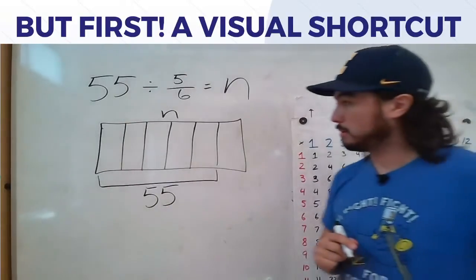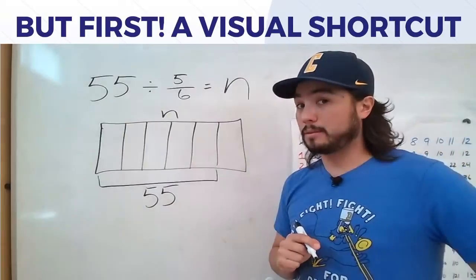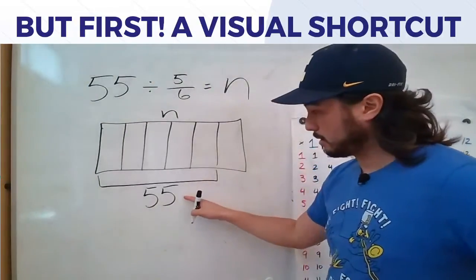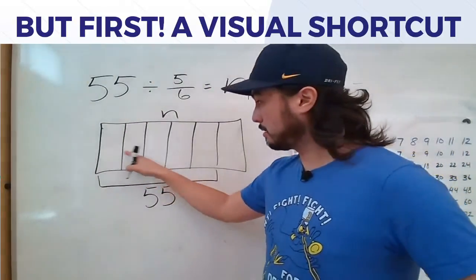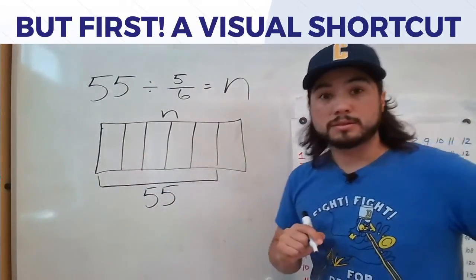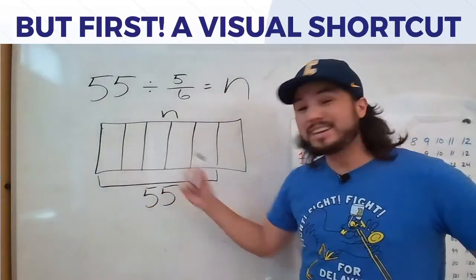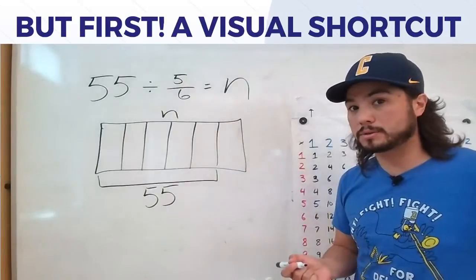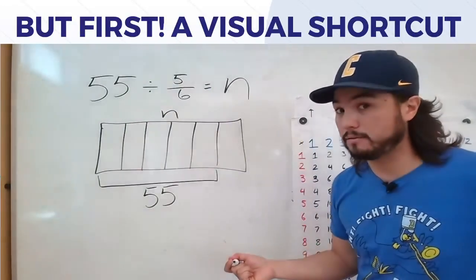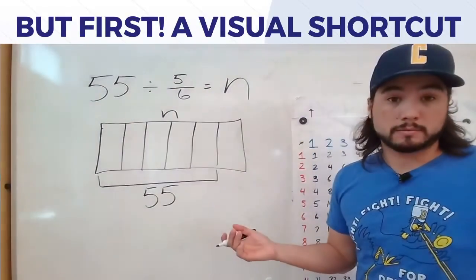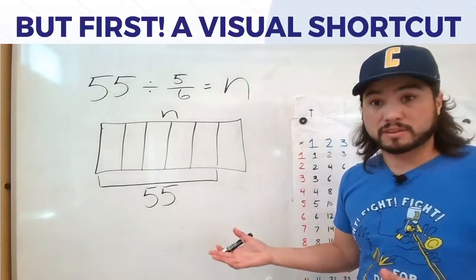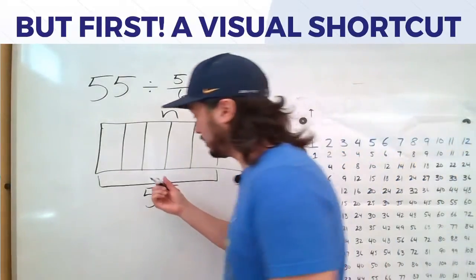Now here's the nice thing about this. 55 divides evenly into 5 pieces. So we can figure out what each of these sixths equals. 55 divided by 5, or 50 divided by 5 plus 5 divided by 5, right? Equals 11.